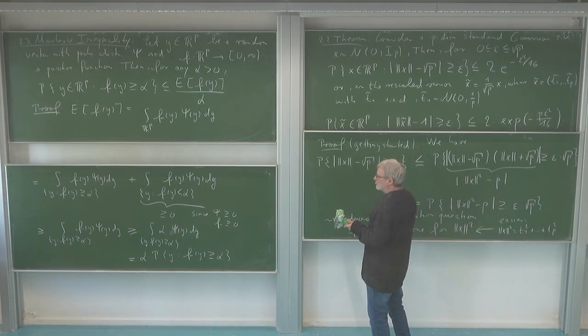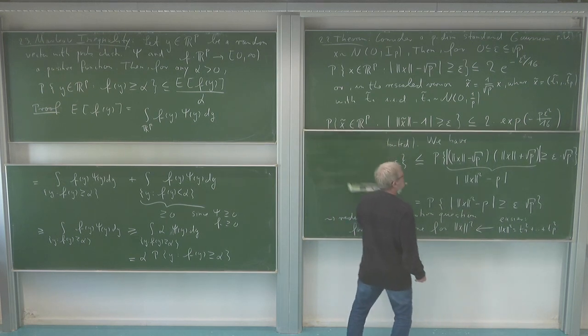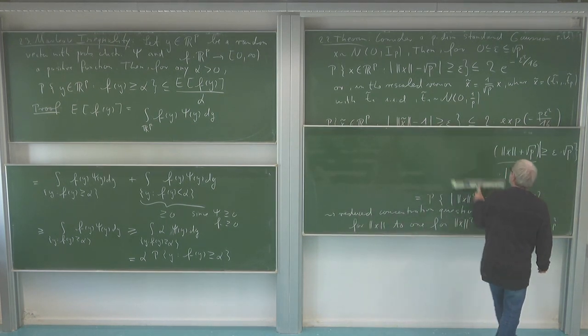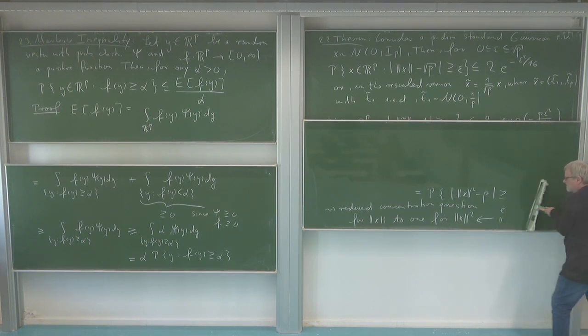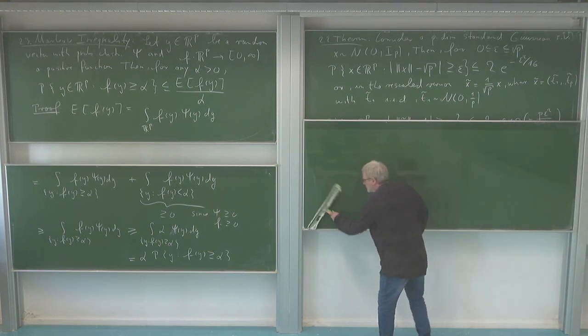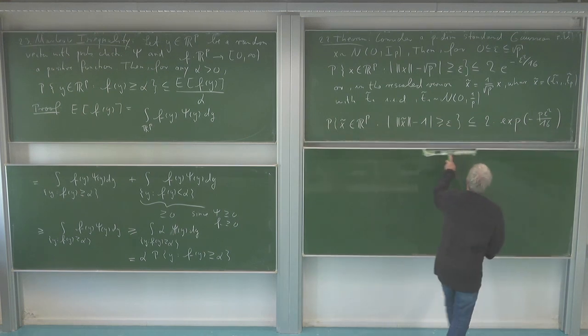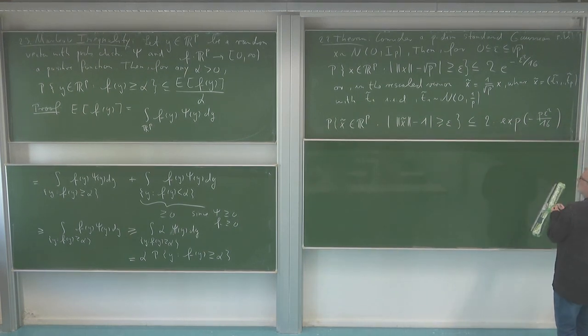So I think we are not coming back today to the proof of this. We first have to develop some tools, but next time, of course, we will come back to this theorem.